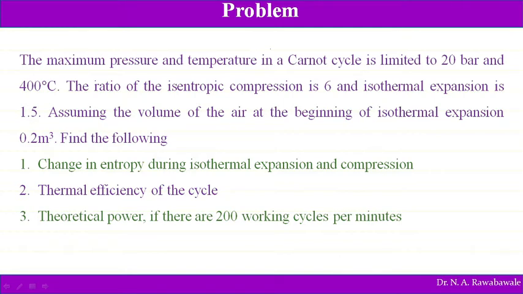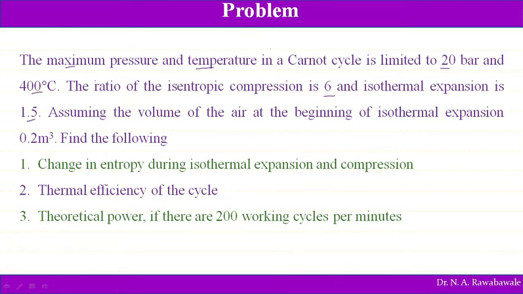The maximum pressure and temperature in a Carnot cycle is limited to 20 bar and 400 degrees Celsius. So the highest temperature and highest pressure are given as 400 degrees Celsius and 20 bar. The isentropic compression ratio is 6, whereas the isothermal expansion ratio is 1.5.